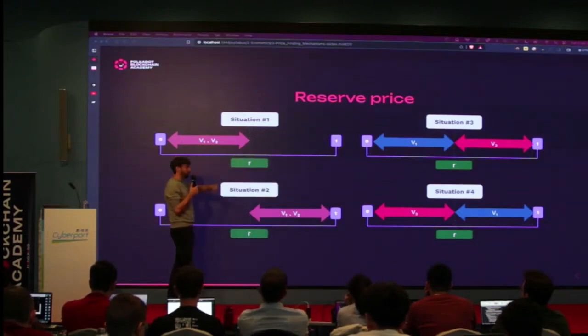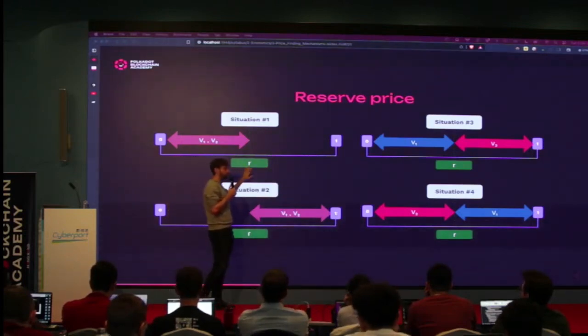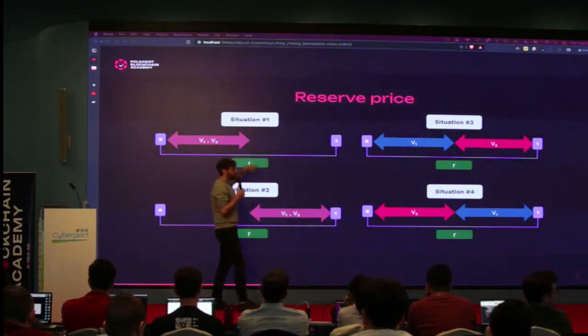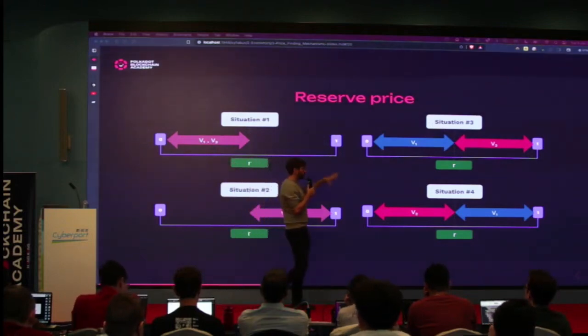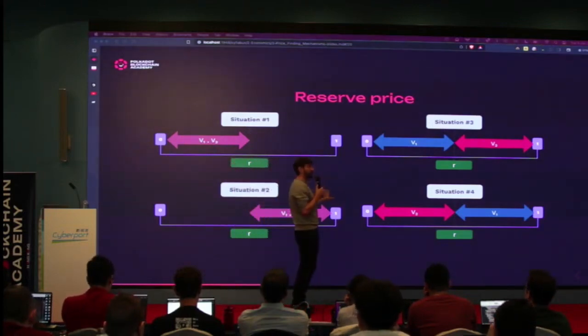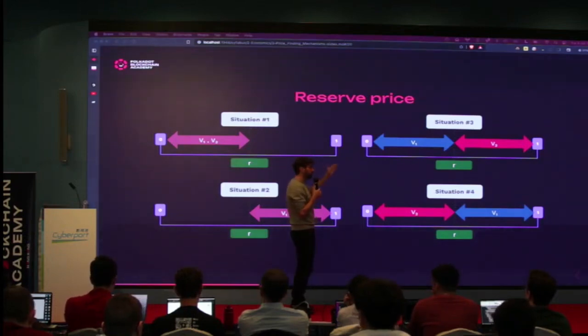So she starts off the auction and says, I will put R at 0.5. But these are just situations that can happen. Of course, when we play this game once, one of these situations actually happens, right? Because then we randomly draw the values, and then we will see whatever situation we had.